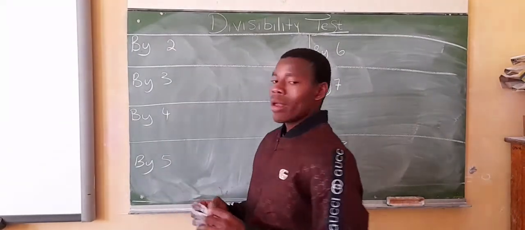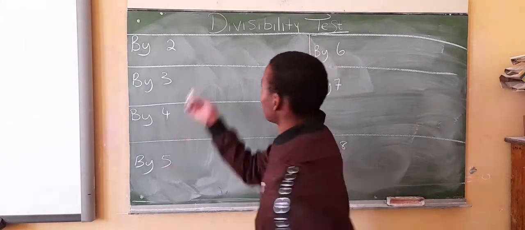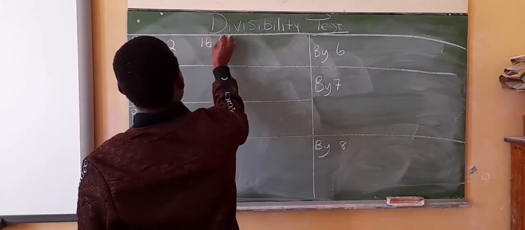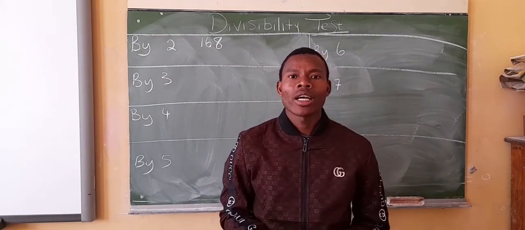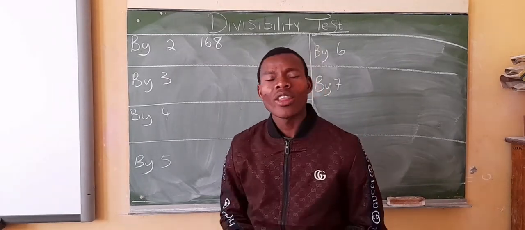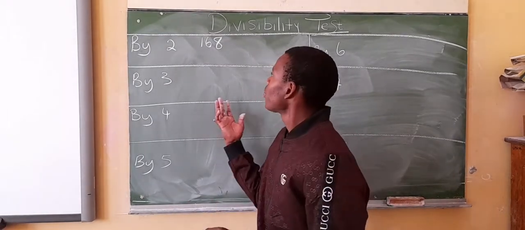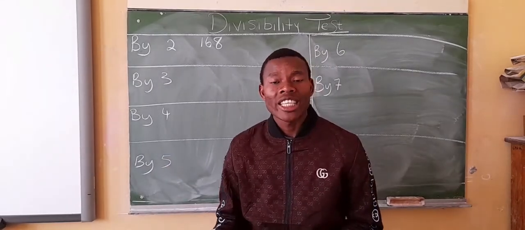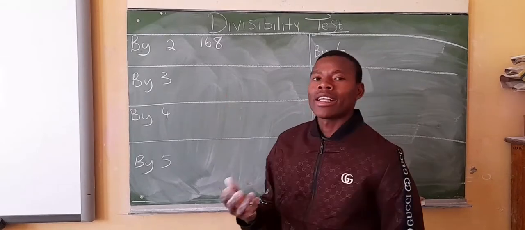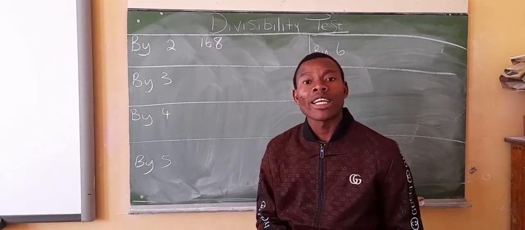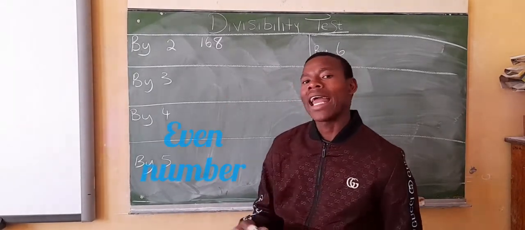Now, you may be given a number, for example, let's take 168, and the question asks whether the number is divisible by 2. In order for the number to be divisible by 2, it has to be an even number.